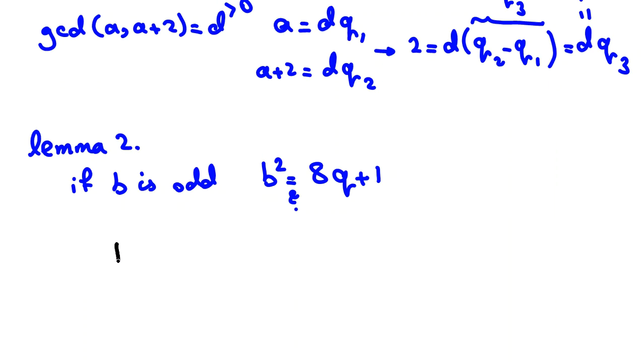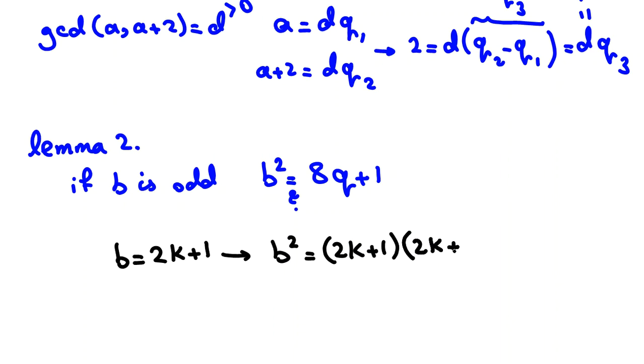B is odd, so B is 2k plus 1. So B squared is (2k plus 1) squared, or you can say (2k plus 1) times (2k plus 1): 2k times 2k is 4k squared, 2k times 1, 1 times 2k, and 1 times 1.